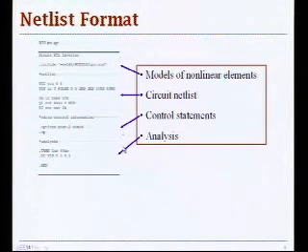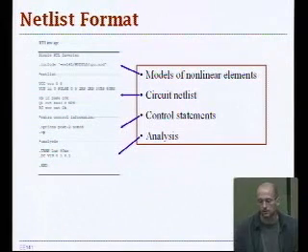And what this netlist then has are, first, models of nonlinear elements that you simply include from this E141 folder. All the models are available to you. And then you have your circuit netlist, where you define your circuit topology, node connectivity, values of your source voltages and currents, and so on.